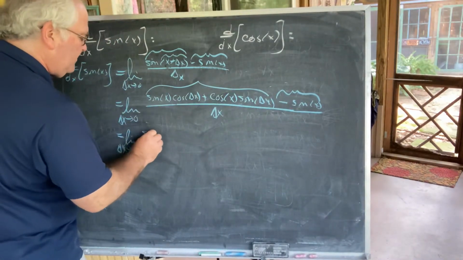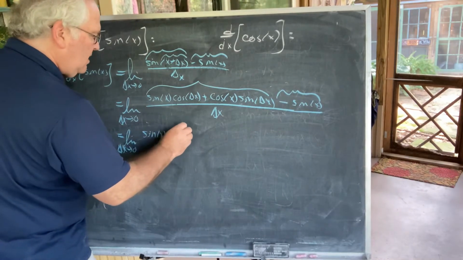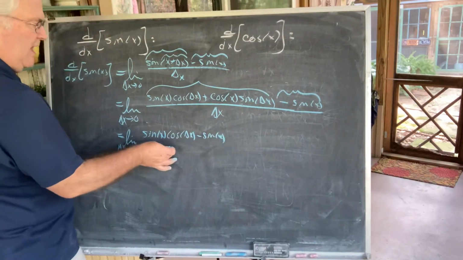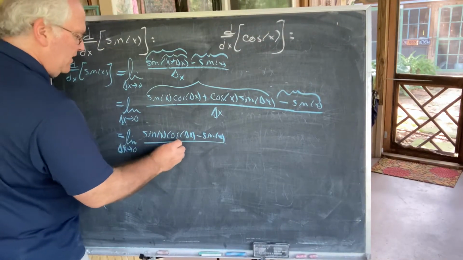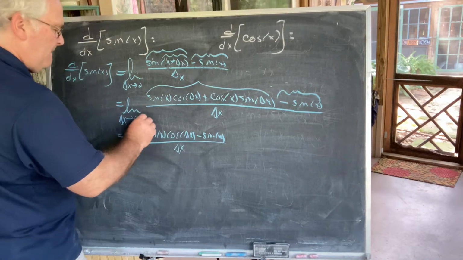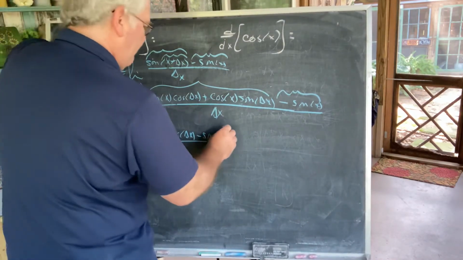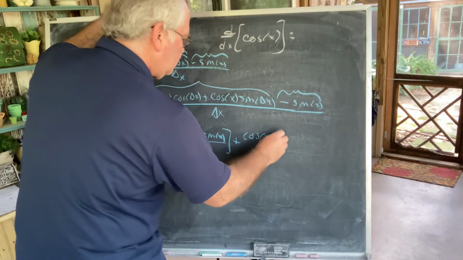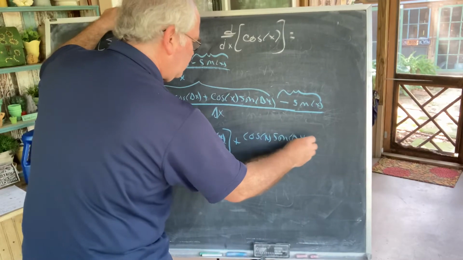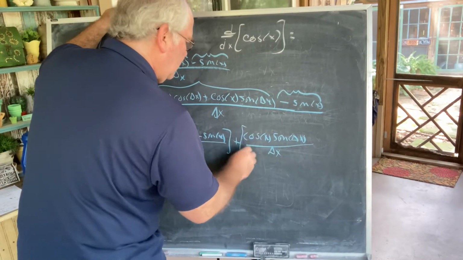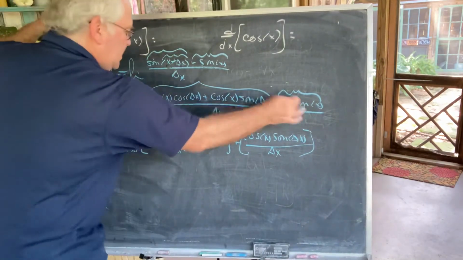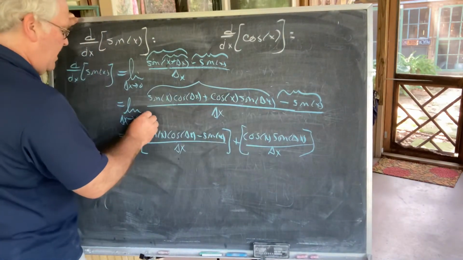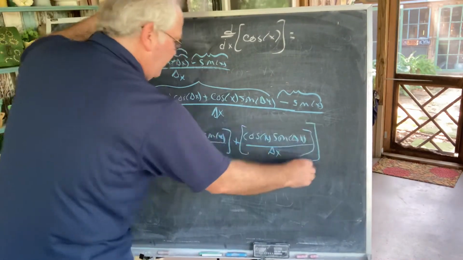So I have sine of x, cosine of delta x, minus sine of x. I put these two terms together, split the numerator, put this term by itself, and all of this is all within this great big limit.